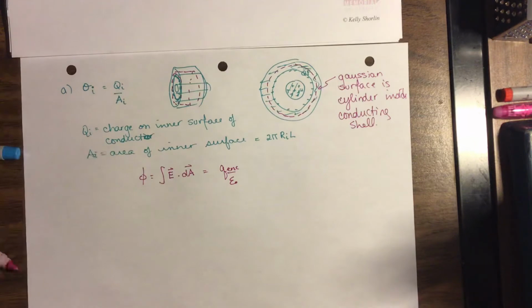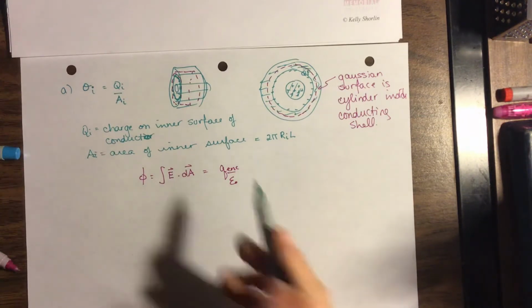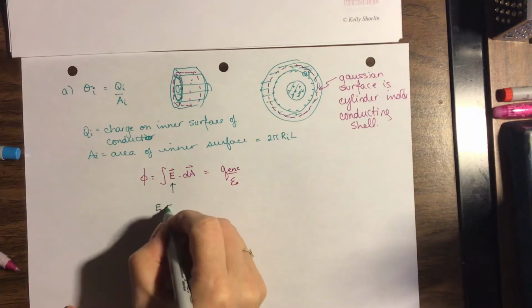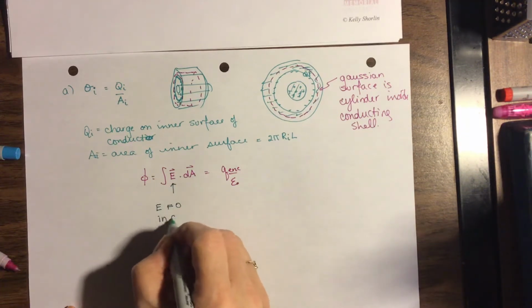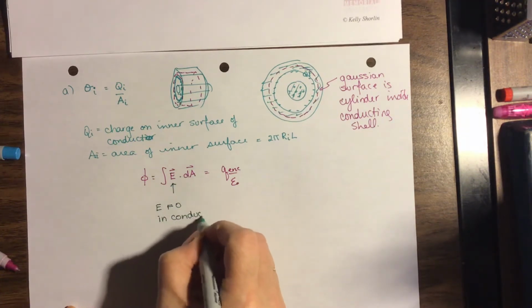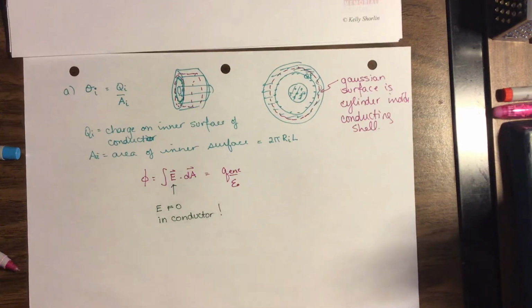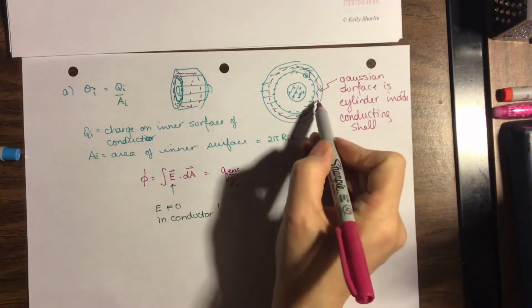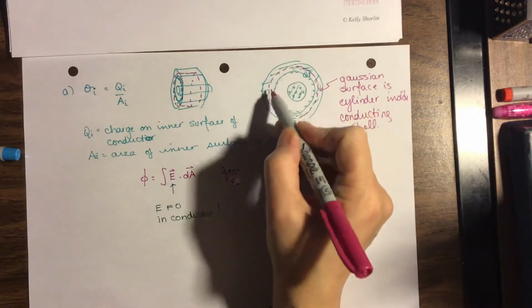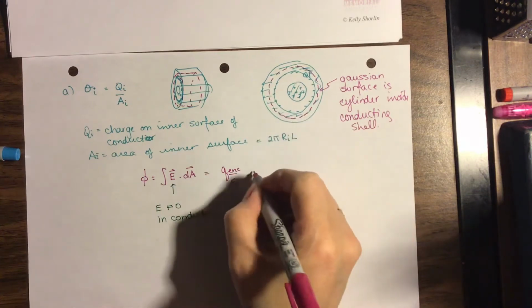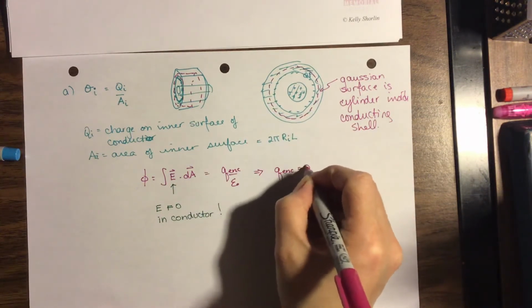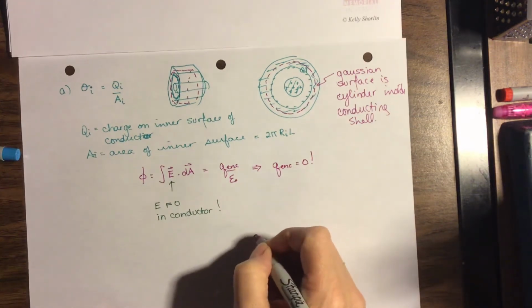What we know for a conductor in electrostatic equilibrium is the electric field equals 0. So if my electric field inside my conductor is 0, and we do know that it's 0, that means the net charge enclosed by my Gaussian surface has to be 0. Okay, let's figure that out.